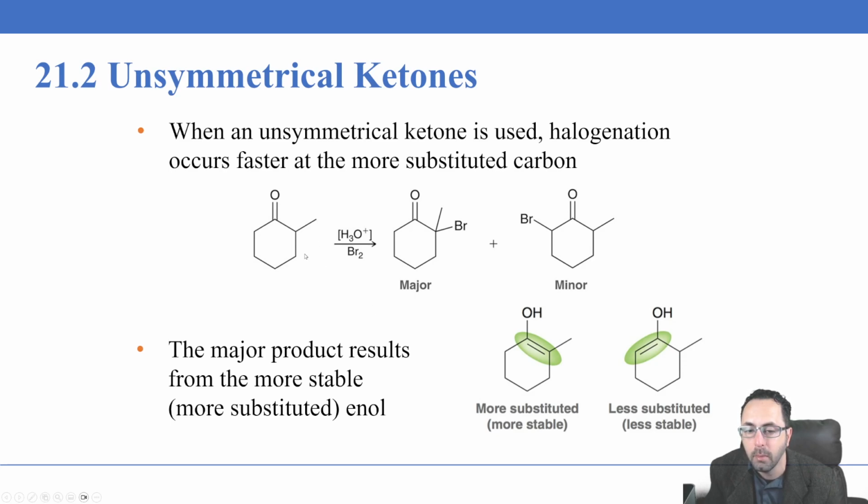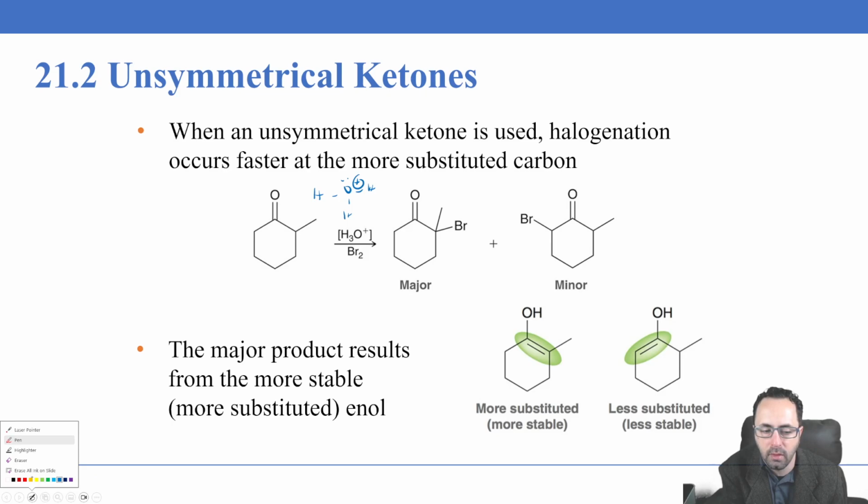So when you have an unsymmetrical ketone and you're installing a halogen at the alpha position, it's going to go towards the more substituted carbon rather than the less substituted carbon. Because again, remember, this is going through an enol intermediate, and so this all starts by the protonation of the carbonyl group here.